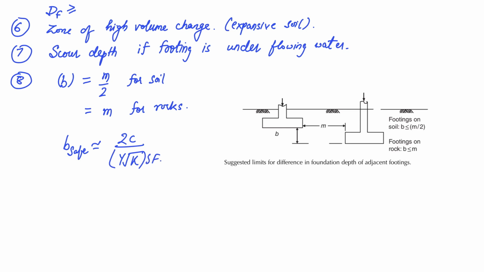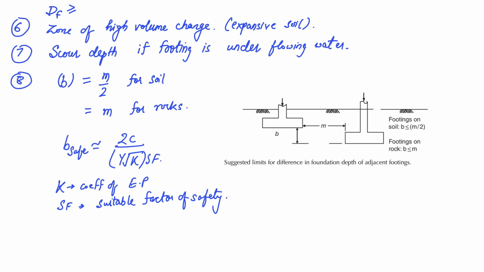Here you can see that c is the soil cohesion, k is the coefficient of earth pressure, whether that is your active earth pressure or passive or at rest, whereas SF is a suitable factor of safety. So this is another formula that you can remember while calculating the difference in level of two footings.